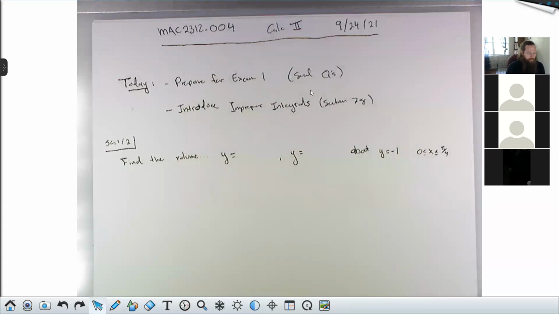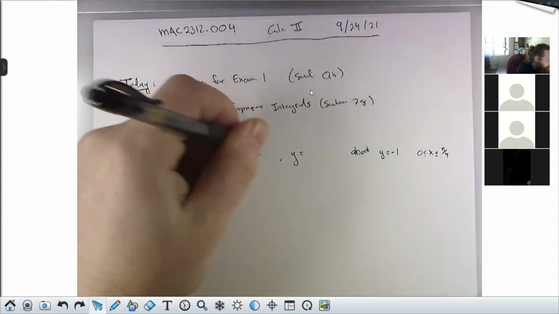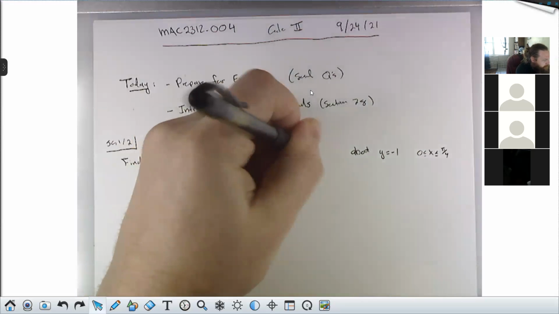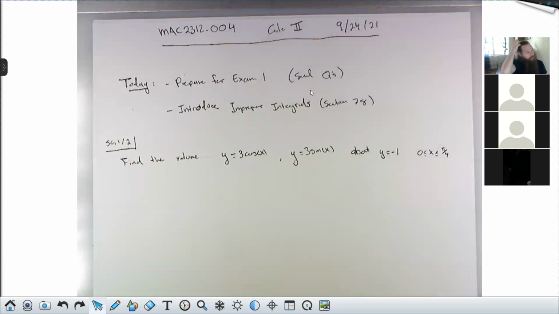I know people are going to have different randomly generated numbers though, right? There's only so much we can do to change this up. Just change the amplitude a little bit.